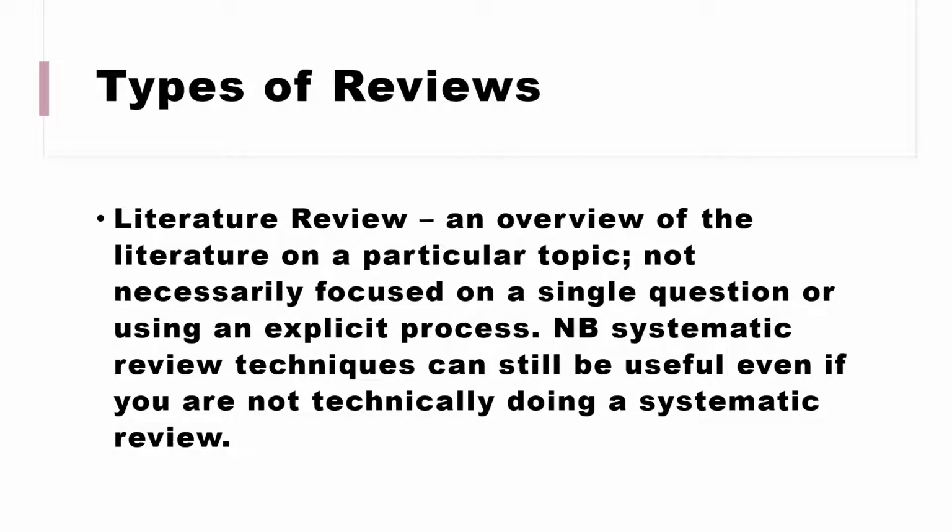So a literature review is what you usually see at the beginning of a research article or a thesis as part of the introduction. It gives an overview of a particular research topic. So it tells the reader what research has already been conducted in a specific research discipline. And it is often used to identify the research gap that the present study is addressing.